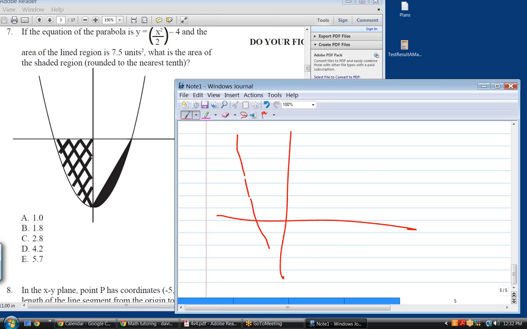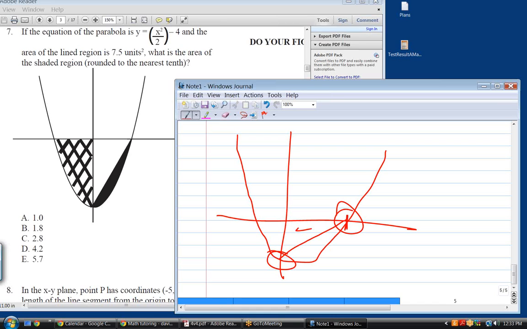And that triangle is comprised of that segment right there. So if we can figure out the coordinates of that triangle, in other words, what's that point there and what's this point here, we'll be able to figure out the area of that triangle, and then we'll be able to answer their question. Okay. What are the coordinates of the x-intercept of that original equation?